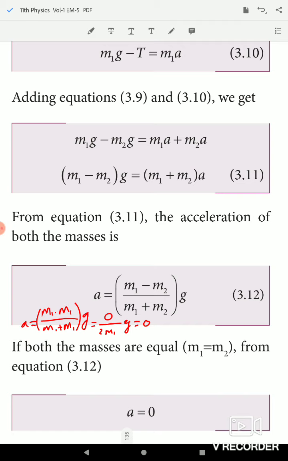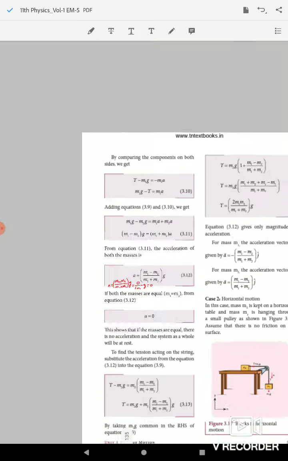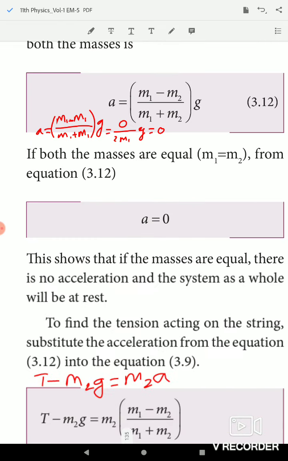If the masses are equal, M1 equals M2, then a equals M1 minus M1 divided by M1 plus M1, into g. The numerator becomes 0, so the acceleration becomes 0.